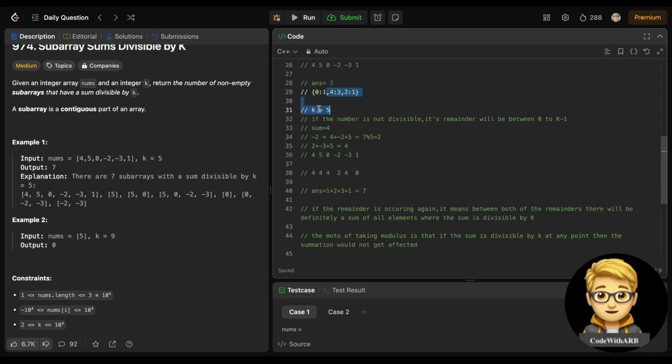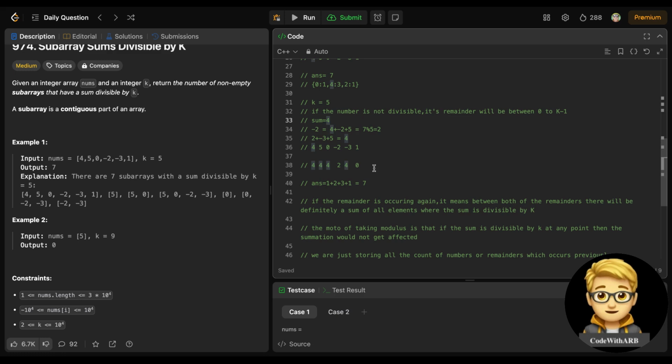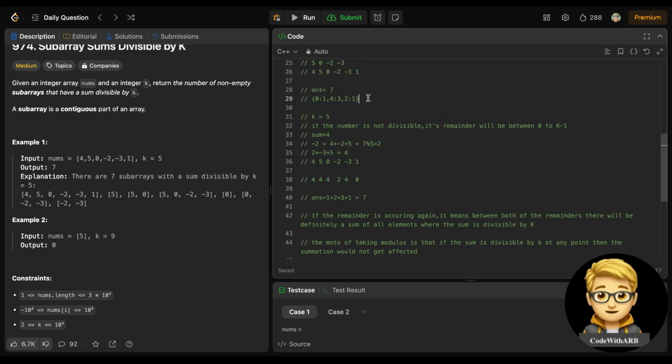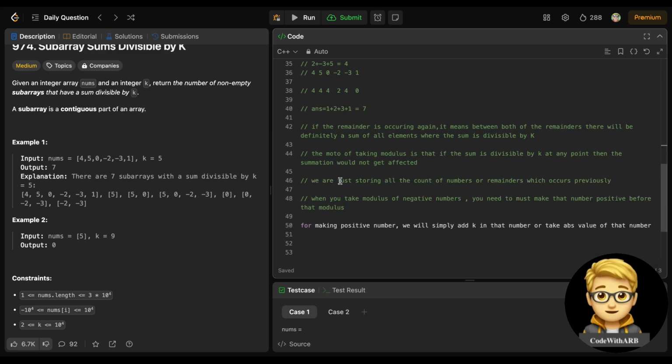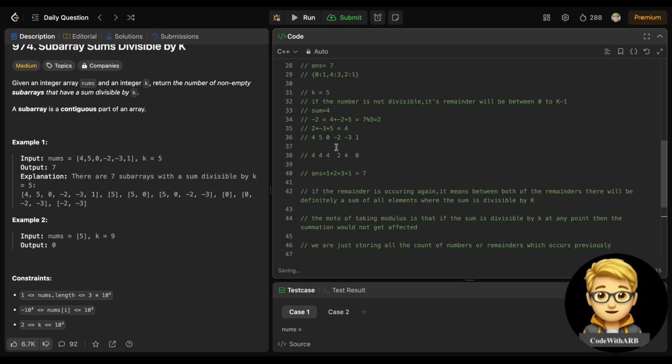Yesterday's problem was that if any subarray occurs whose summation is divisible by k, and its length is at least 2, then we need to just return. So we have taken the same approach, but making some changes, like this negative number should be made positive before taking modulus.